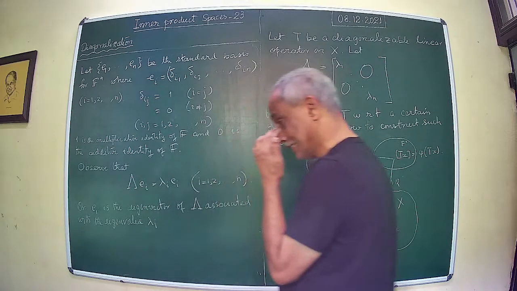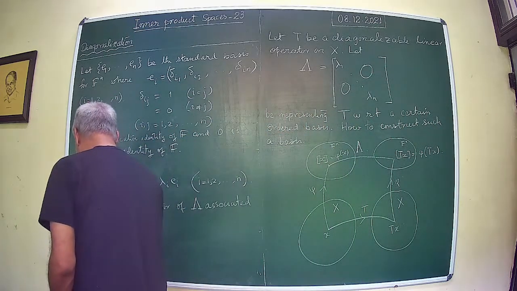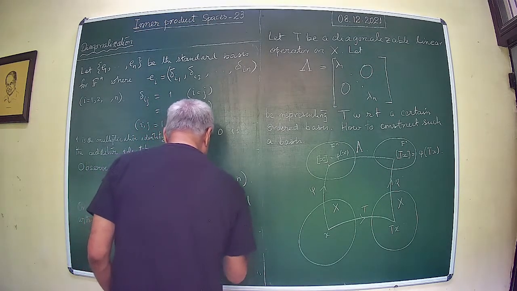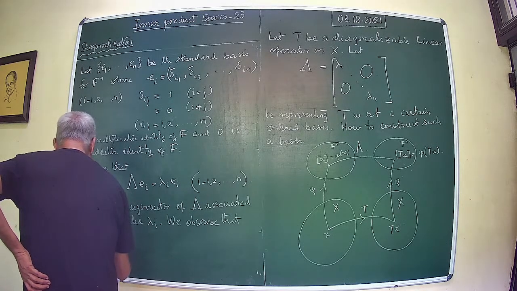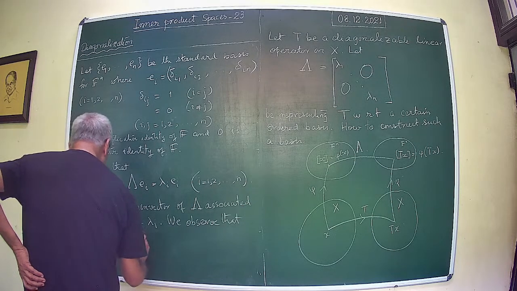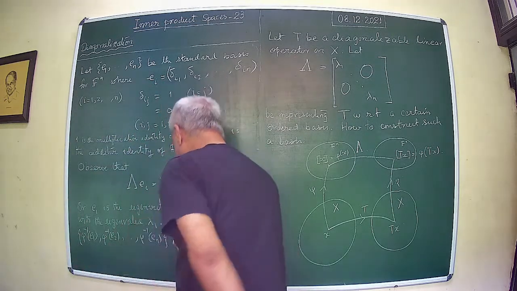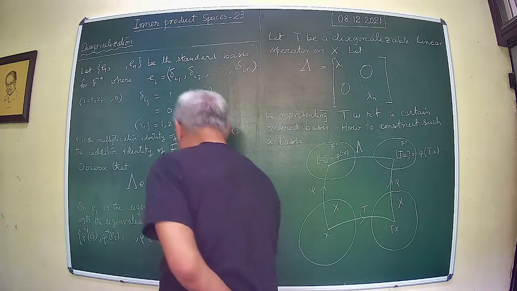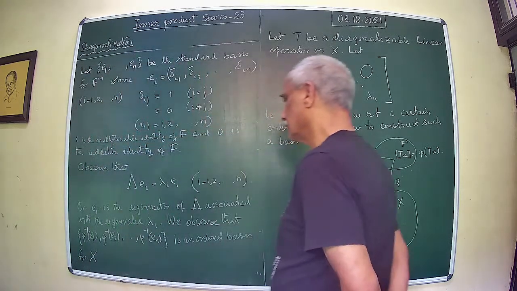Okay, now can you go back from there? Because you see that we observe that phi inverse of e_1, phi inverse of e_2, and so on, is an ordered basis of X, where phi is the isomorphism.